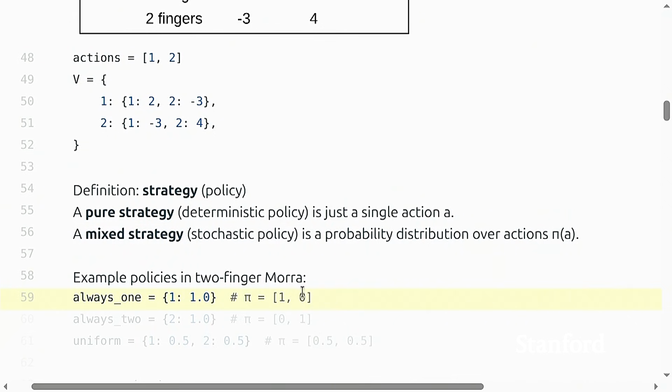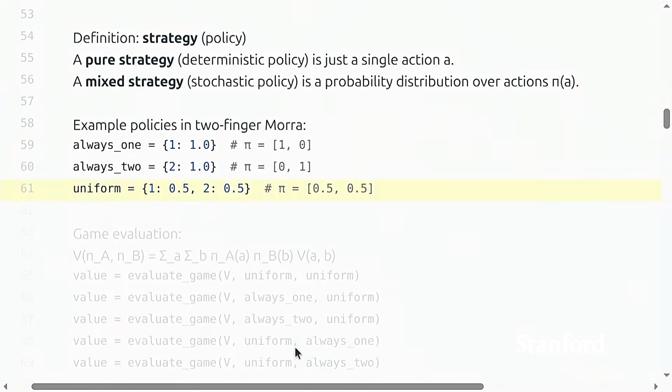For 2, I have probability 0. And for always 2, that is the strategy where all my probability mass is on 2 fingers, so written in math, it's pi equals 0, 1. And if I were playing uniformly at random, then I put 50-50 probability on each action.